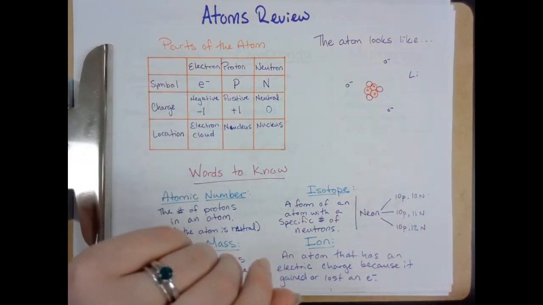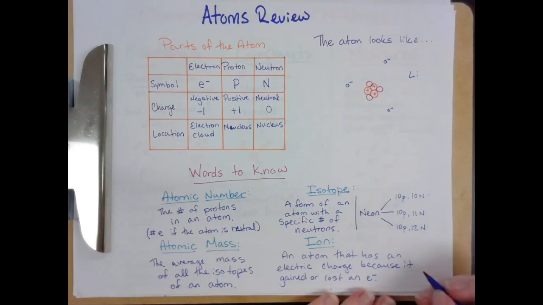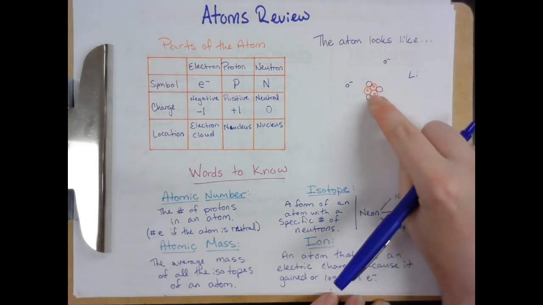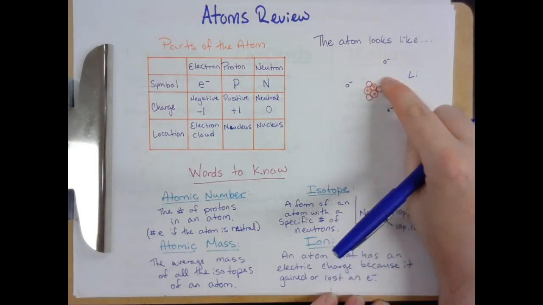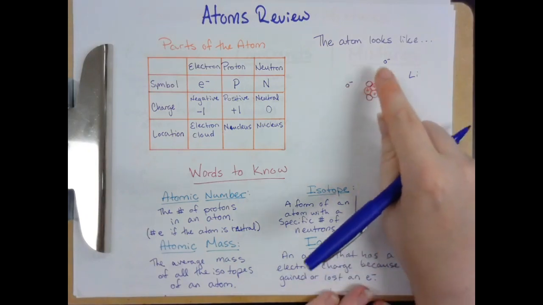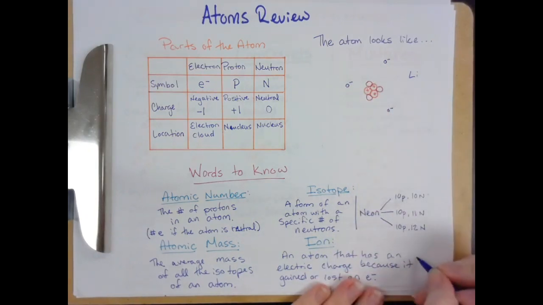So one other thing you might want to remember is that if an ion is positive, that means I have more positive charges than I had negative charges. So if I took away an electron from lithium, I'd have 3 positive charges and 2 negative charges. So that would make it a positive ion because I've got more positive than I have negative.